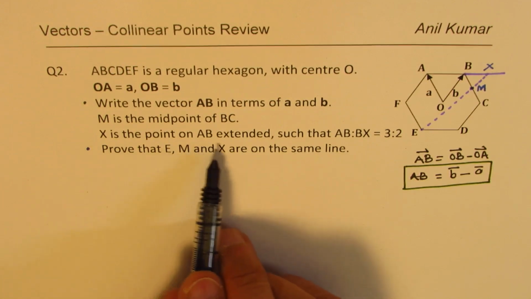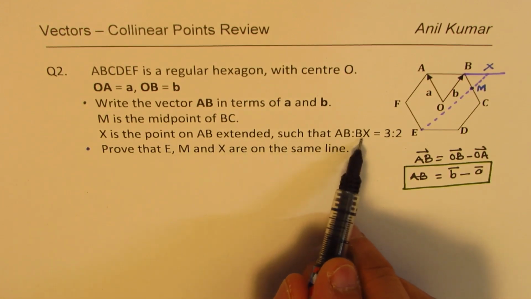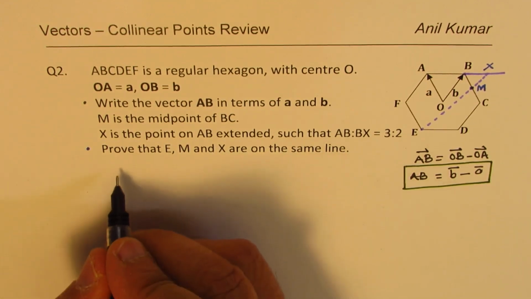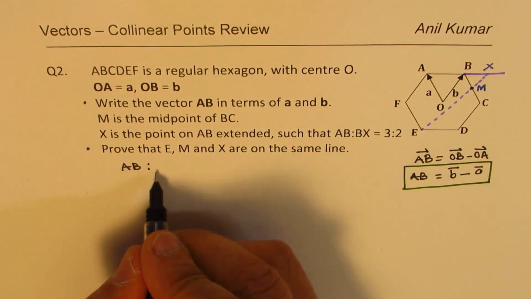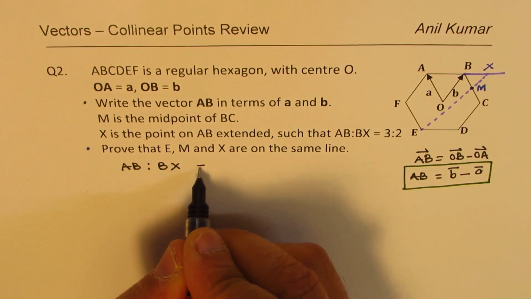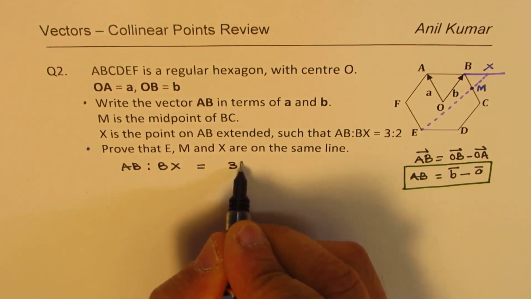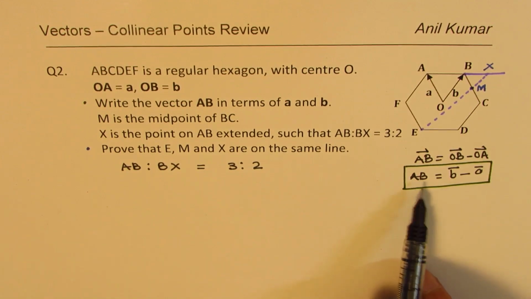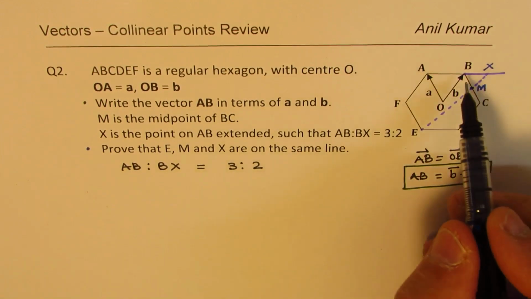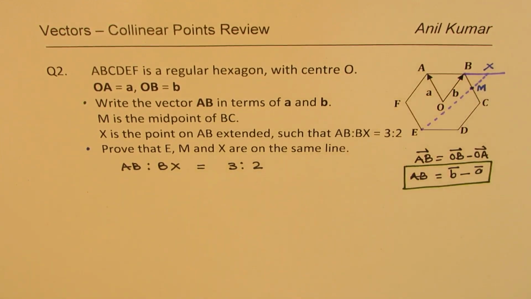Okay, the X is a point on AB extended such that AB to BX is 3:2. Now this is very critical to understand. We are saying AB to BX is equal to 3:2. We know now what AB is. We need to find what BX is.